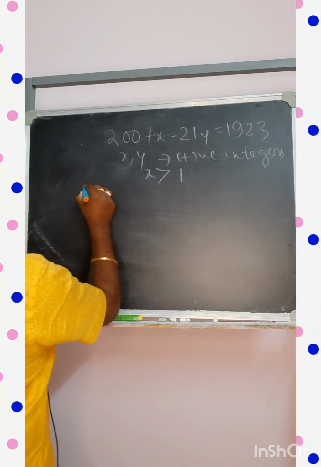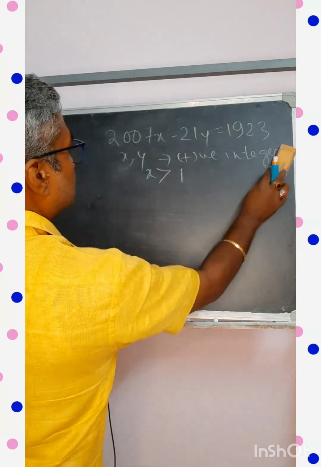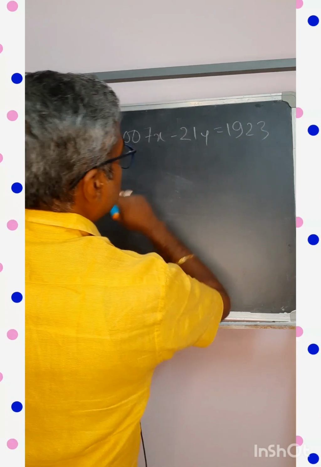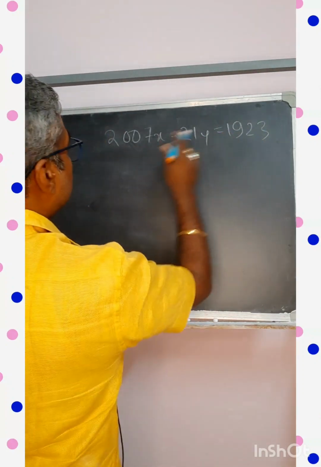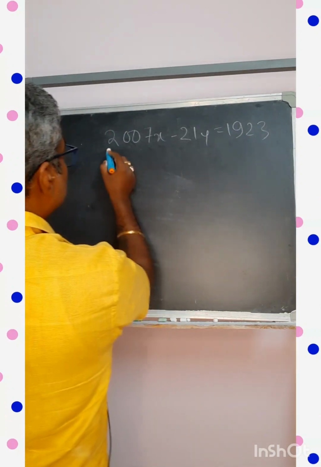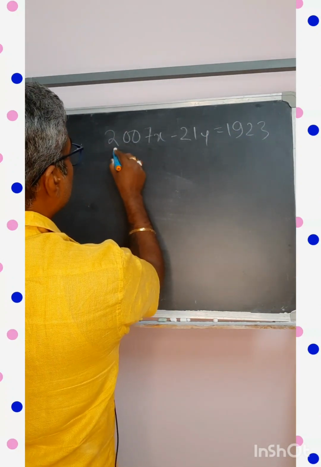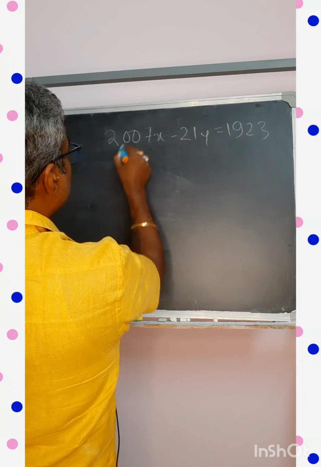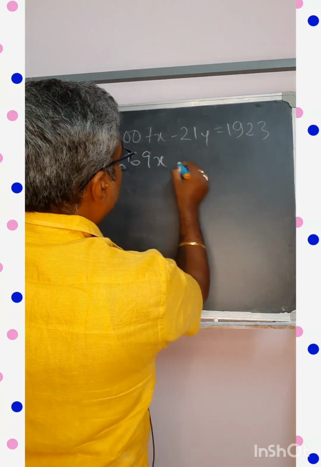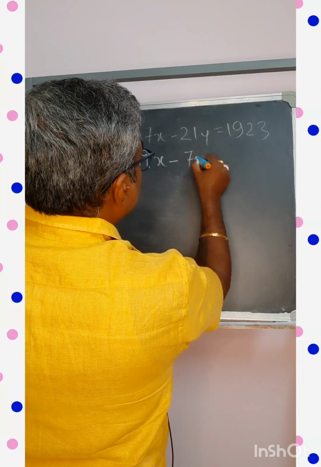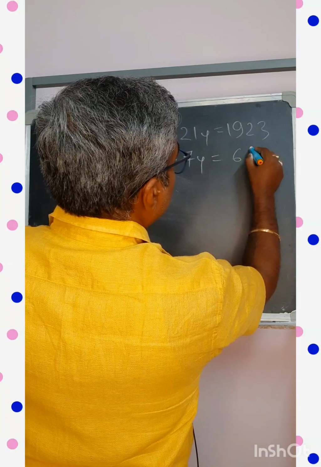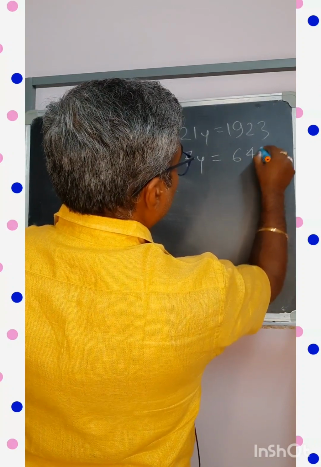Now I will start from the equation given and try to reduce it. These numbers are all multiples of 3. If I divide by 3, it becomes 669x minus 7y equals 641.